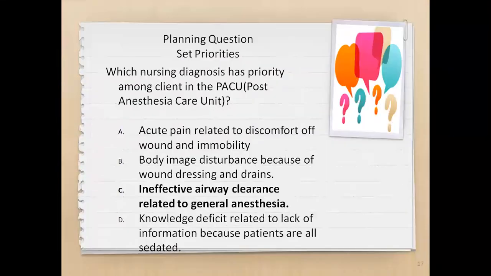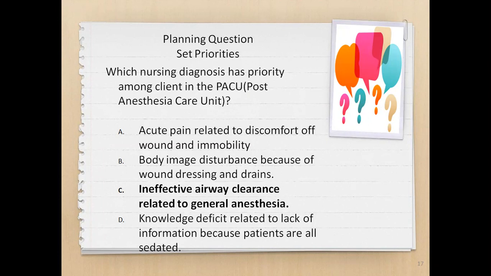Next, which nursing diagnosis has priority for a client in the PACU, or the post-anesthesia care unit? Is it A, acute pain related to discomfort of wounds and immobility? B, body image disturbance because of wound dressing and drains? C, ineffective airway clearance related to general anesthesia?